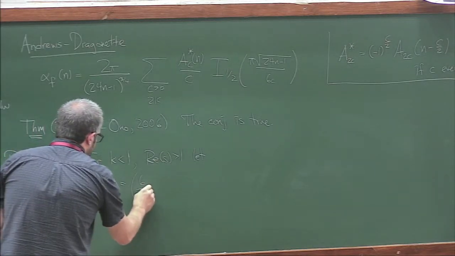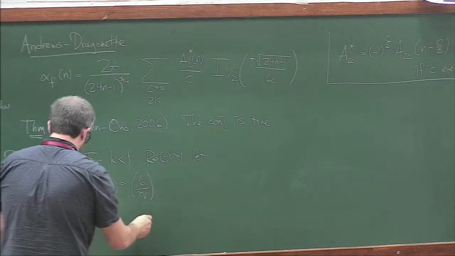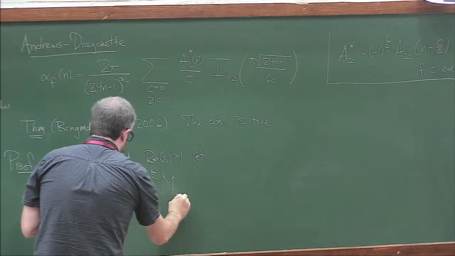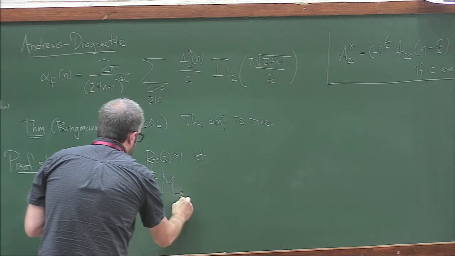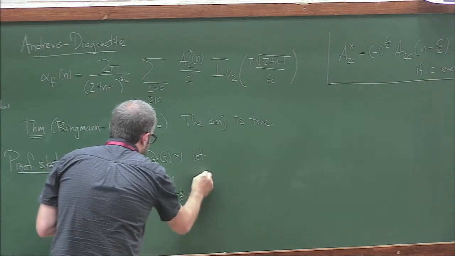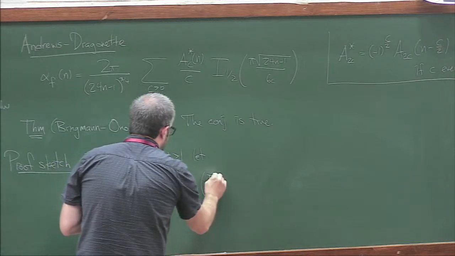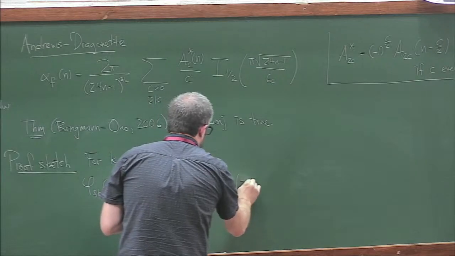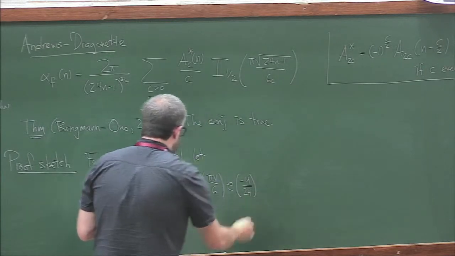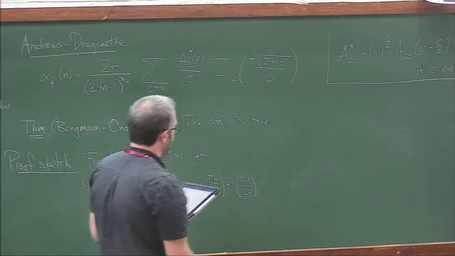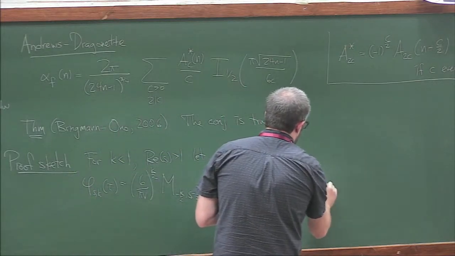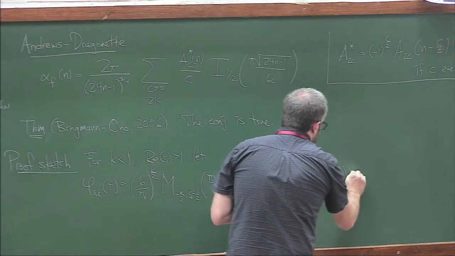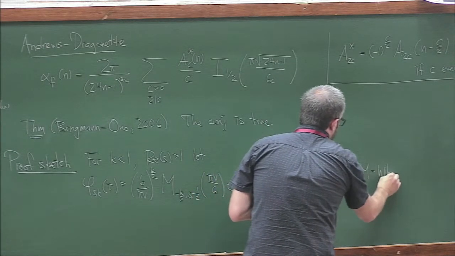So this is 6 over pi v to the k over 2, M_{minus k over 2, s minus 1/2} of pi v over 6, e of minus u over 24. This M is called the M Whittaker function. M is usually written with a mu and a nu.